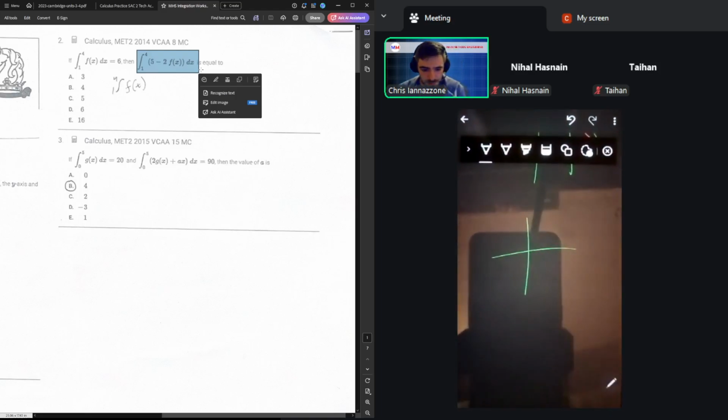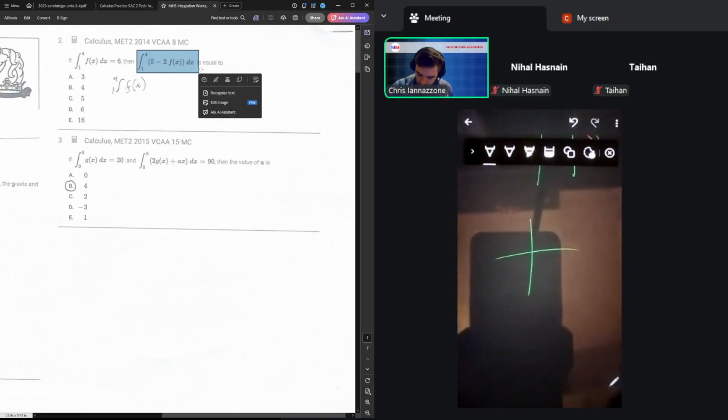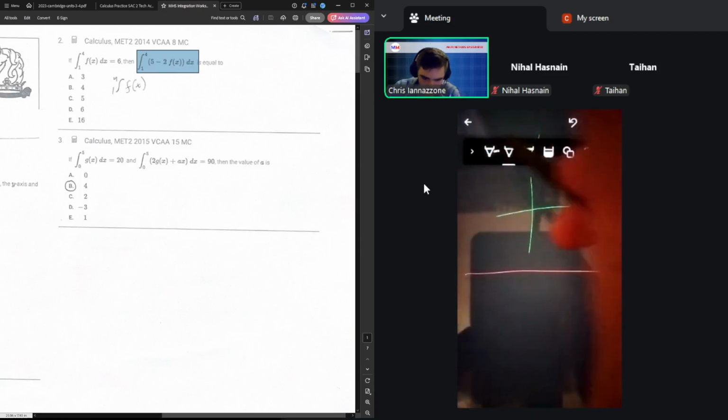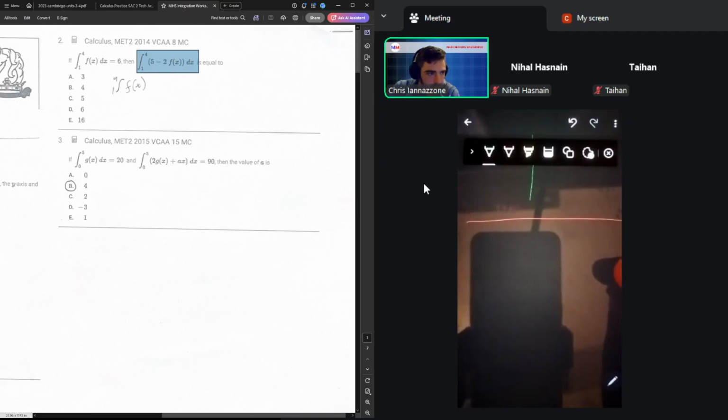Just changing it up a bit. Anyone can answer, by the way. If we think about our integral properties, there's a few things we can do to rewrite it different ways.